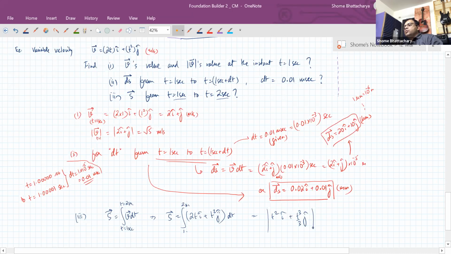And in this we have to put the limits from t equal to 1 second to t equal to 2 seconds. So you can see this will become 2 square minus 1 square i cap plus 2 cube minus 1 cube by 3 j cap.